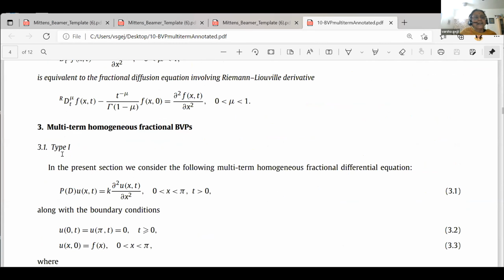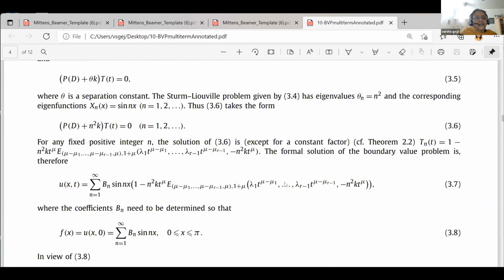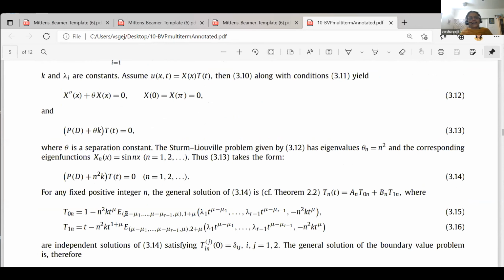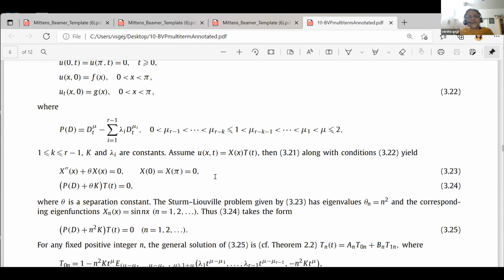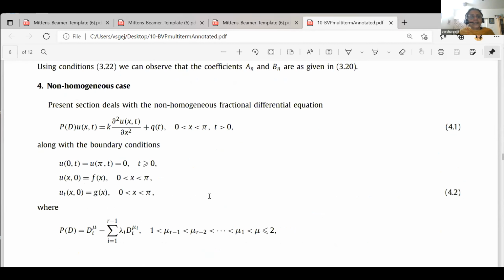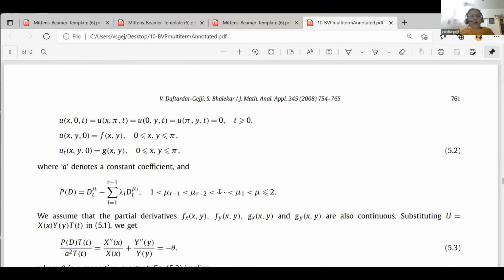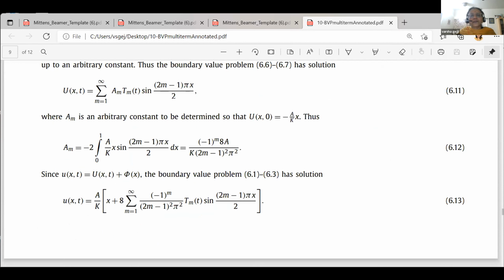So if I consider a multi-term homogeneous fractional boundary value problem with this boundary condition and apply our methods, it nicely gives us various variants of Mittag-Leffler series. So in these various conditions, you will get different Mittag-Leffler series. So it beautifully builds that series, it pops up when you do all those substitutions. So this paper is full of variants of Mittag-Leffler function.